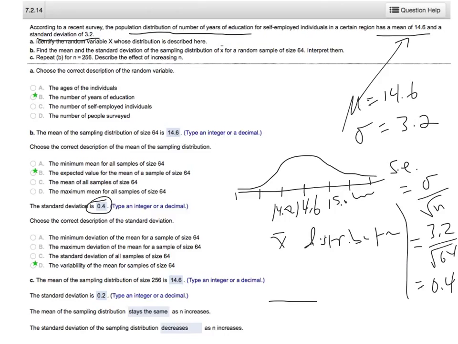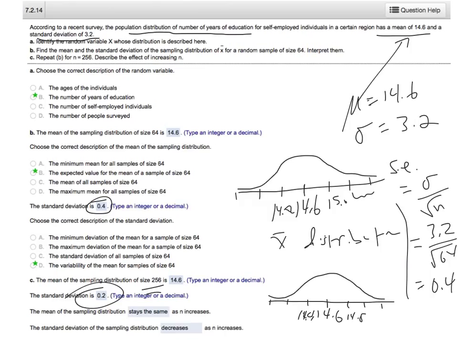So a picture of the X-bar distribution for a 256 person sample is still going to be centered at 14.6, the population mean. We're still going to put 3 tick marks in each direction, but now the standard error, if we figure it out with 256 for n, is going to be 0.2. So we're going to have 14.8, 14.4, those are going to be our tick marks in this X-bar distribution.